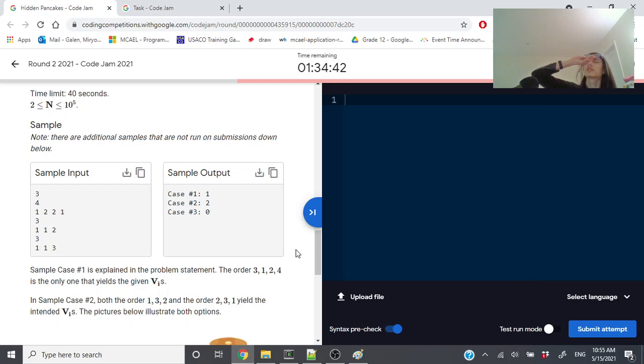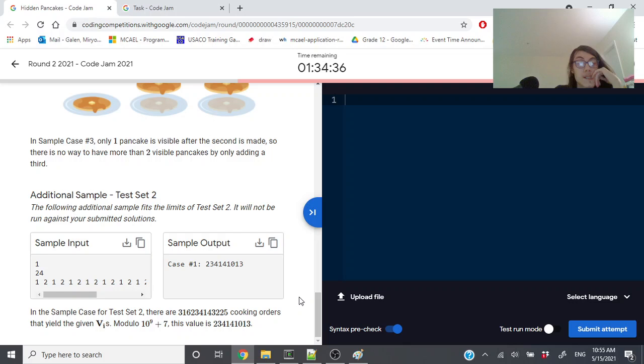Cool. Okay, so the first subtask we can do bitmask DP, that's not that hard. So the second subtask, it is harder.